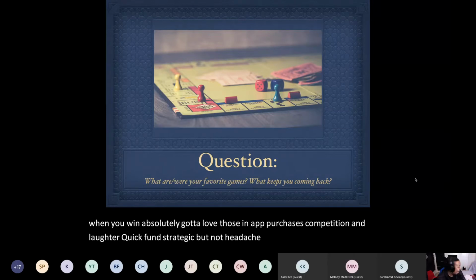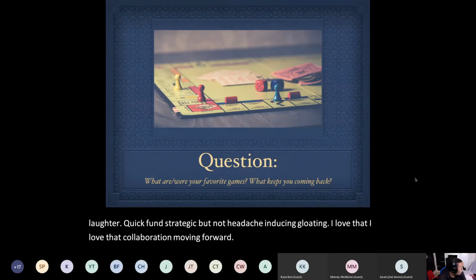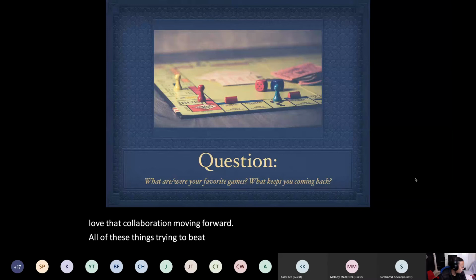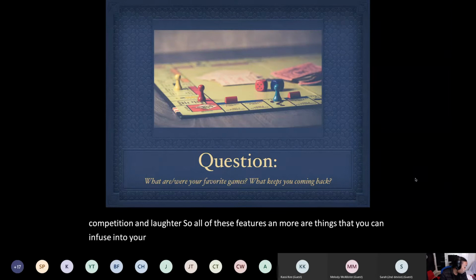Gloating. I love that. Collaboration, moving forward. Yeah, so all of these things, trying to beat your previous score. Yes, these are all competition and laughter. So all of these features and more are things that you can infuse into your classroom design. So it's pretty cool.